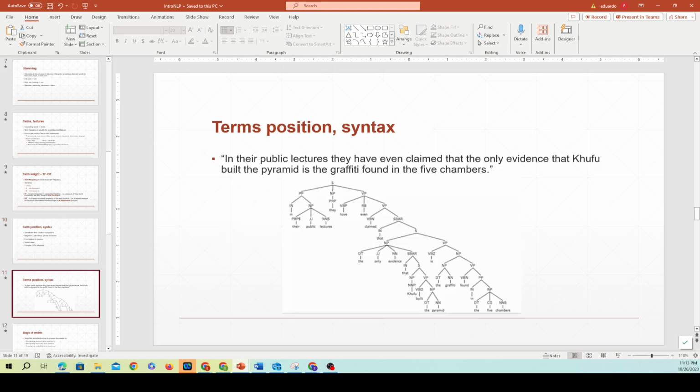So here is a sentence that says, in their public lectures, they have even claimed that the only evidence of Khufu building the pyramid is the graffiti found in the five chambers. Now, what we can do here is take this sentence and plug it into a tree.